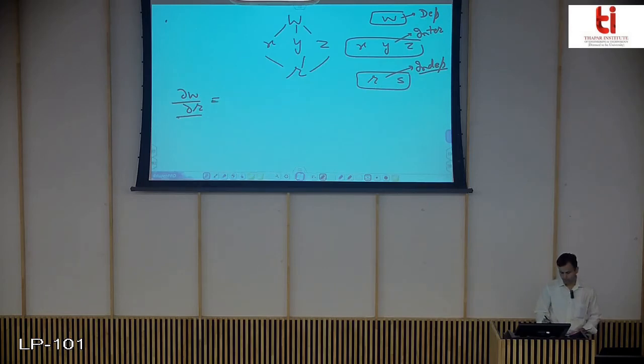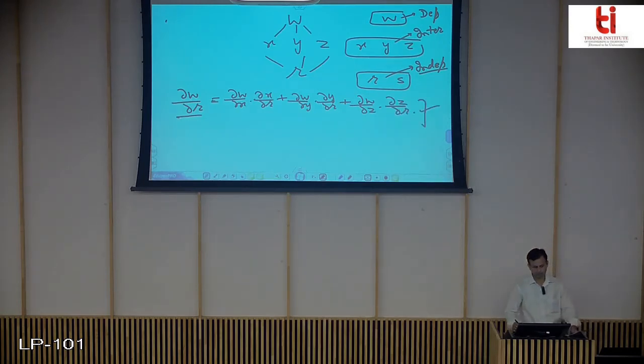So you look at the tree diagram. You have del w by del x, and now again partial derivative of x with respect to r, because x now depends upon two independent variables, r and s, plus del w by del y, del y by del r, del w by del z, del z by del r. So this is the chain rule formula for w with respect to r.